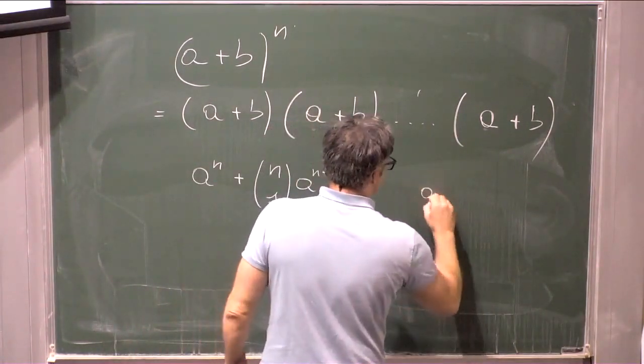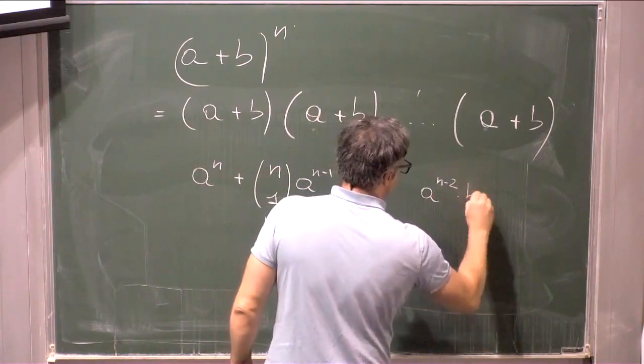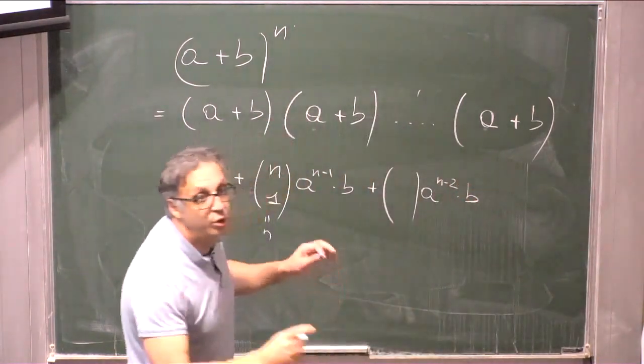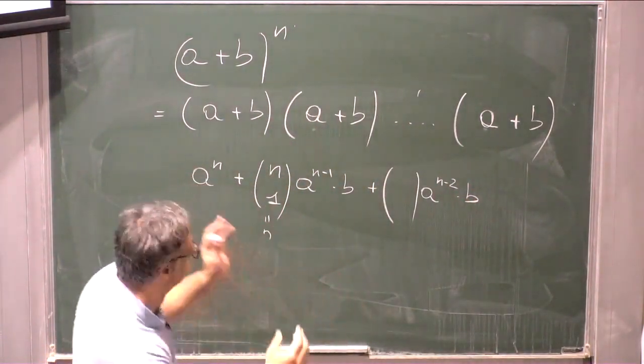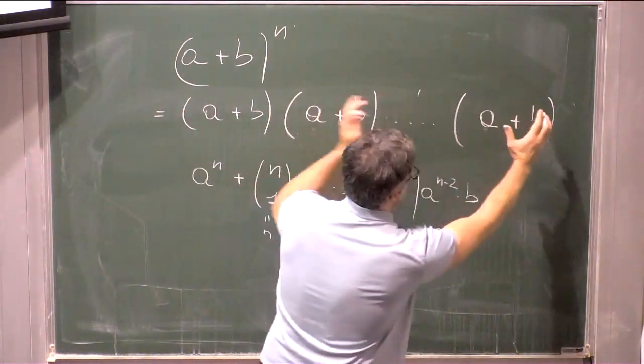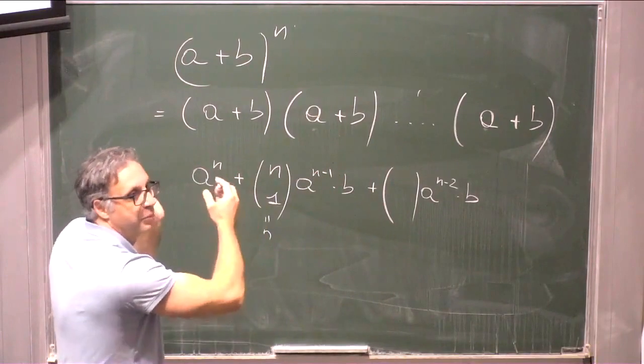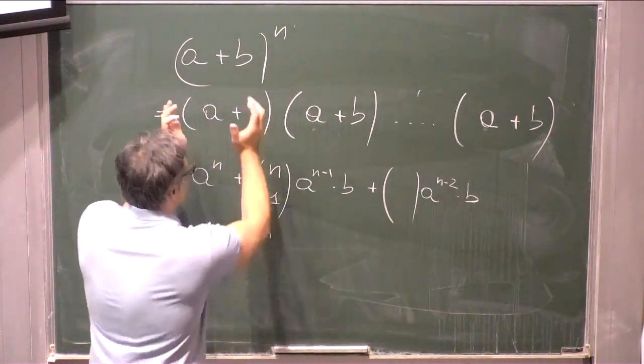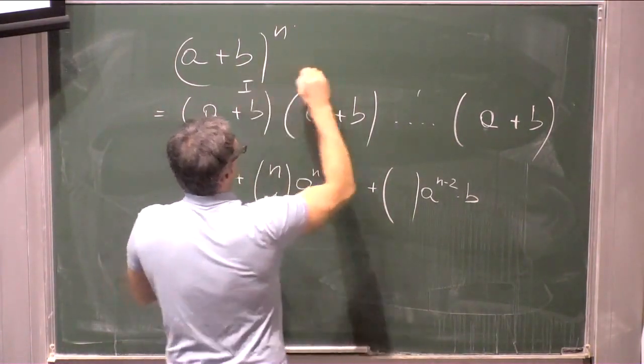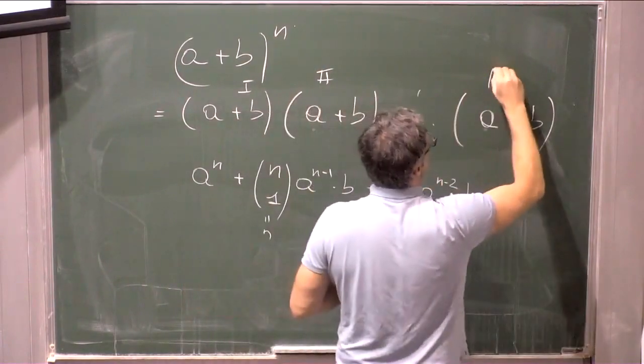or you have a to the power n minus 2 times b squared. Now you have to choose 2 brackets, 2 objects among these n brackets. It's actually, to be precise, n brackets, but this is object 1, this is object 2, this is object n.